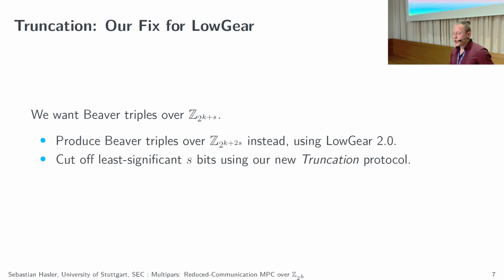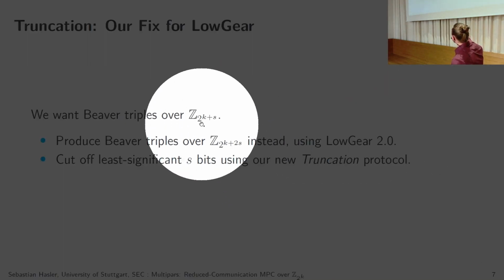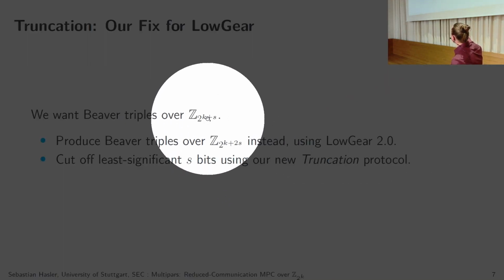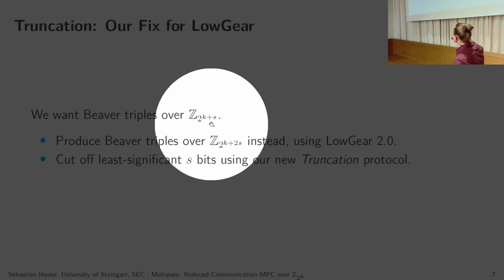So how can we fix this in the Logia protocol over Z2k? What we want to compute is Beaver triples over Z2k, or actually Z2k plus s. This additional plus s has to do with the fact that our MACs need to be computed over a slightly larger ring, but that is out of scope for my presentation.